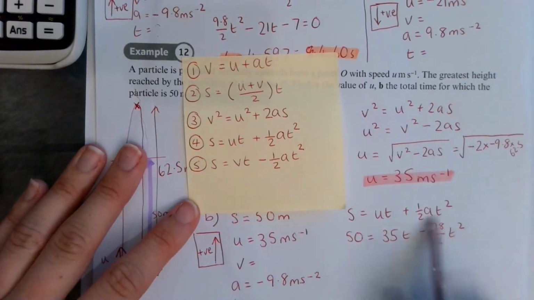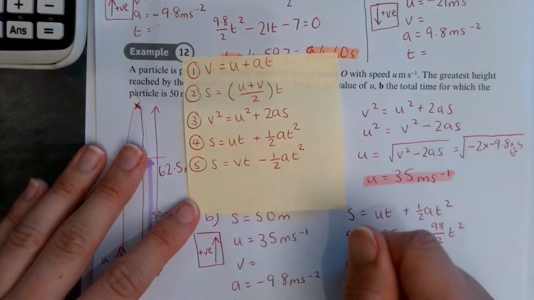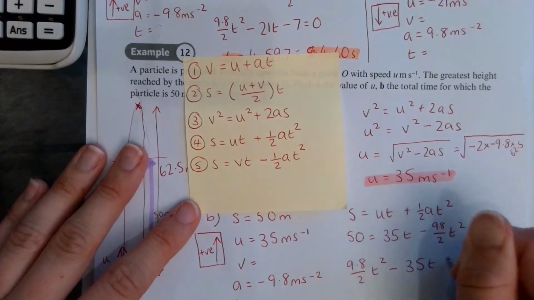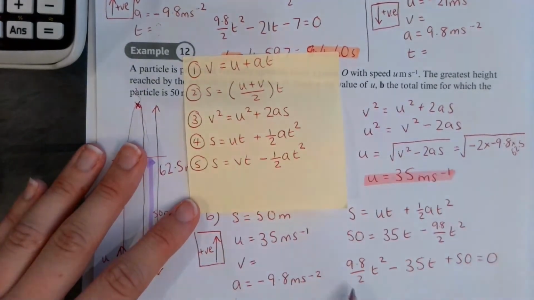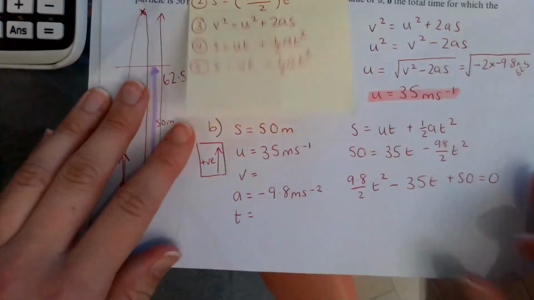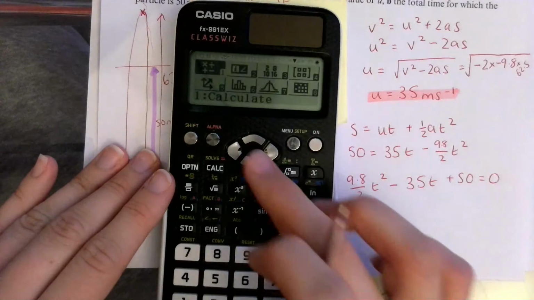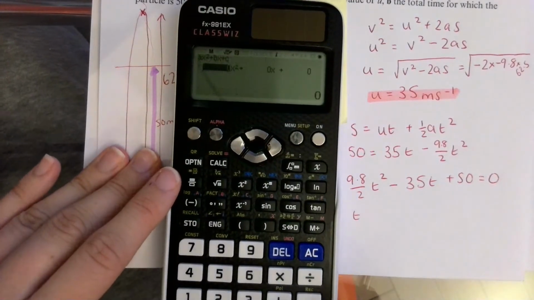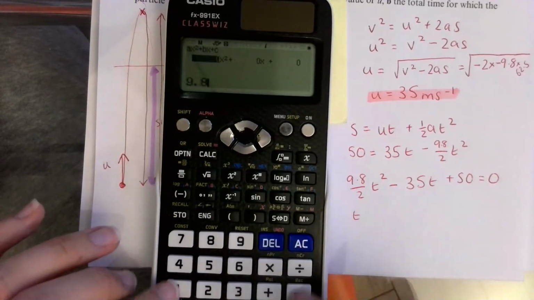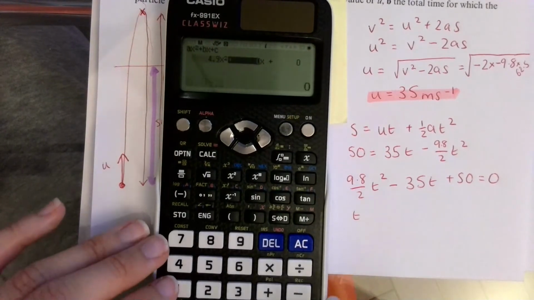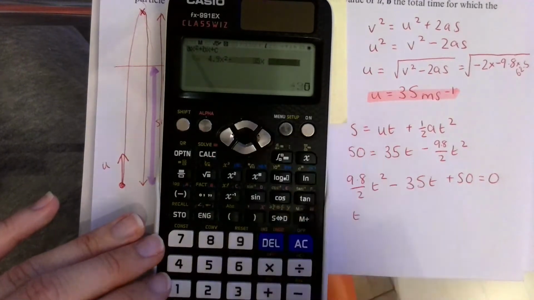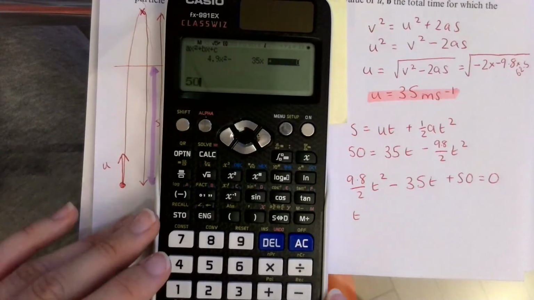I'm going to rearrange that because I really don't like having a negative quadratic. I'm going to have 9.8 over 2 t squared minus 35t plus 50 equals 0. And I'm going to use my calculator to solve for t then. So if I solve for t, I'm going to go to, again, the equation function, polynomial of order 2, 9.8 divided by 2, negative 35, plus 50 at the end.